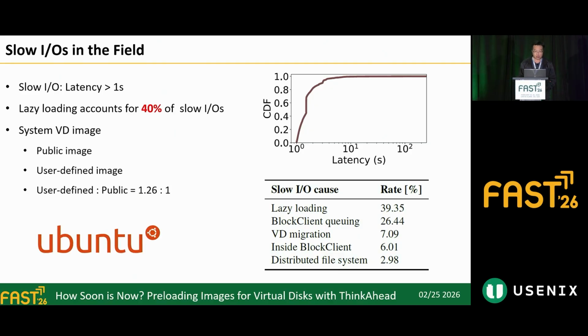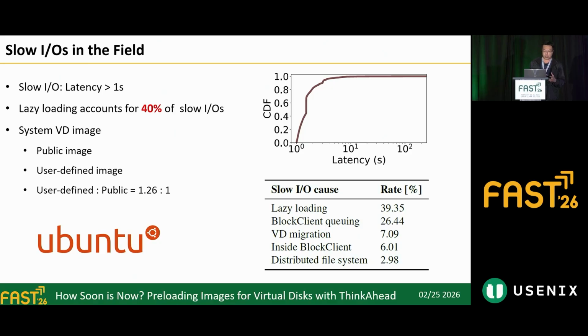And also, we find that it's very difficult to get all the images in advance because the majority of these images are what we call system virtual disk images, which are the images instantiated from the operating systems. Within these system virtual disk images, there are public images which only contain the operating system and also the applications.